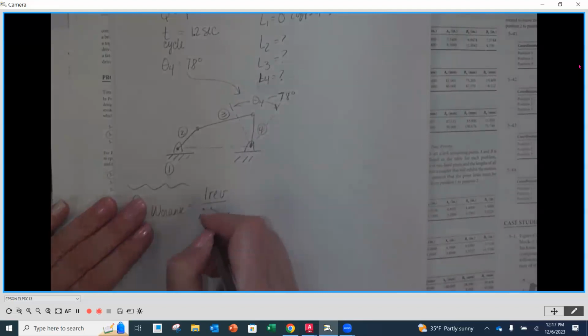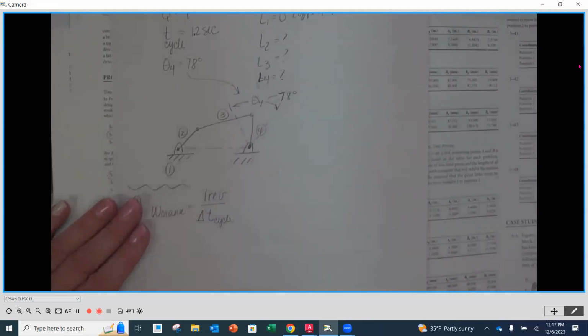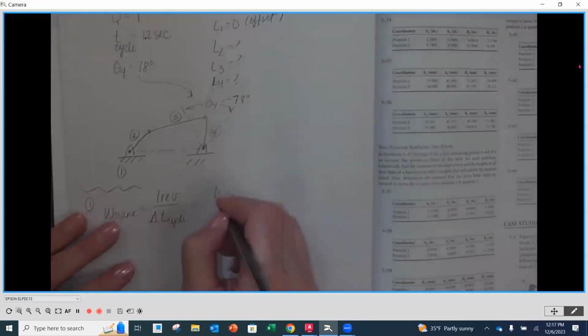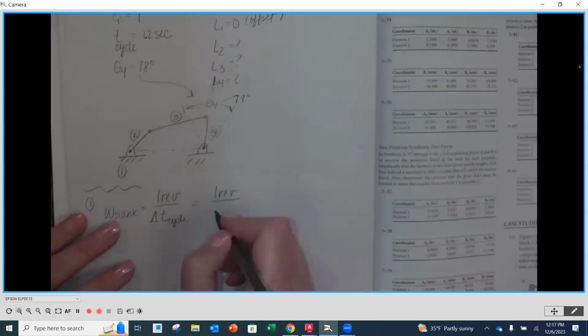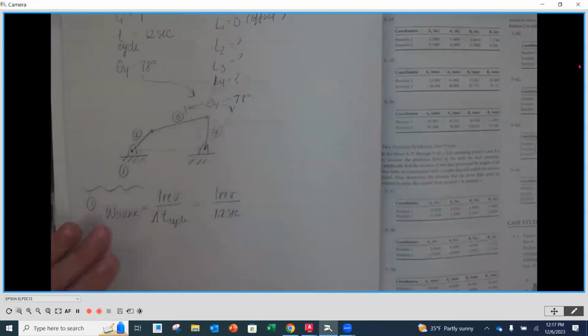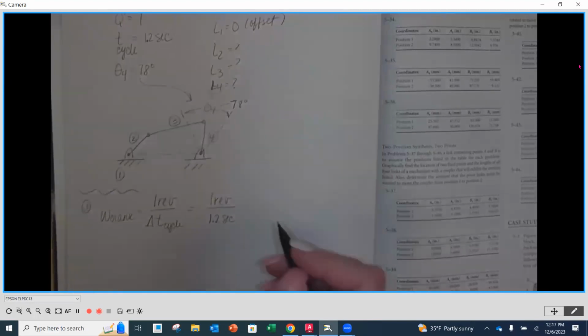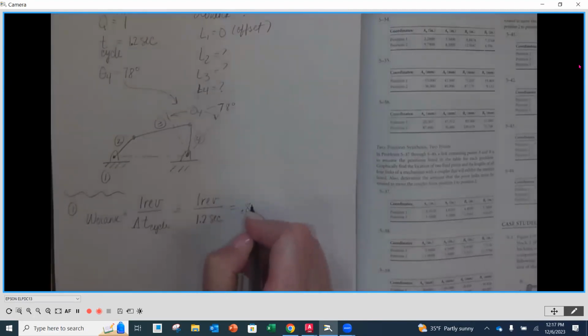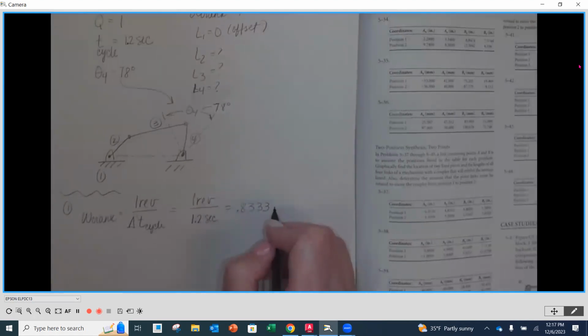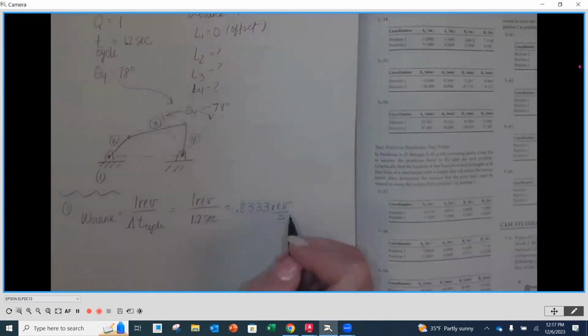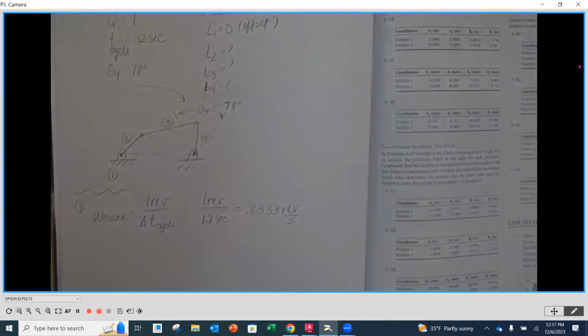And I think we always had a delta in front of there, the change in time, or the total amount of time to go 1 revolution. So we're going to say 1 revolution divided by 1.2 seconds. If we get our calculator out here, we're going to get 0.8333 revolutions per second. And that's going to be our W.